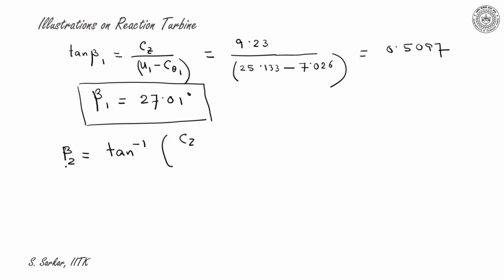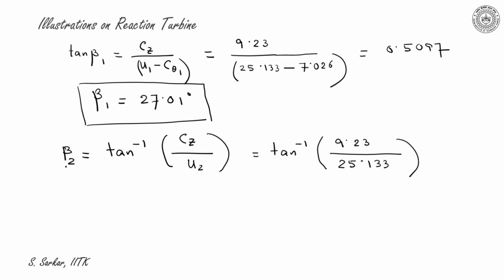U2 would be equal to U1. So if you do the calculation, beta 2 would be equal to 20.166 degree. Thus, I've got beta 1 as 27.01 degree and beta 2 as 20.166 degree. So I have solved this problem.